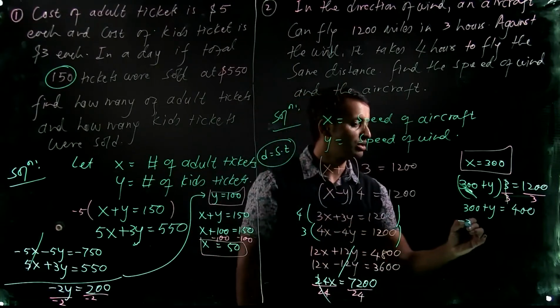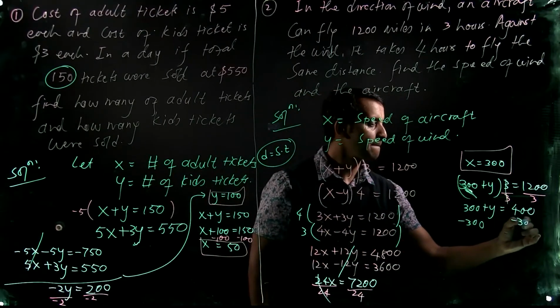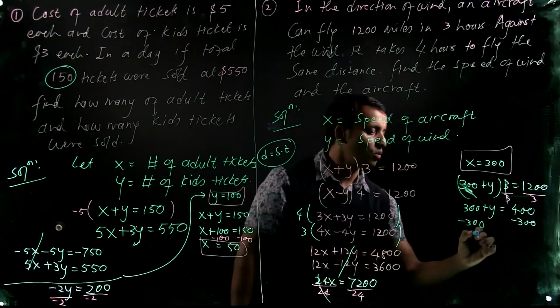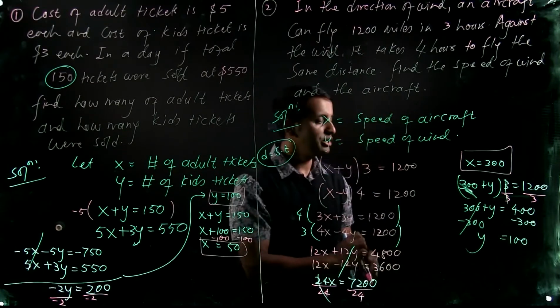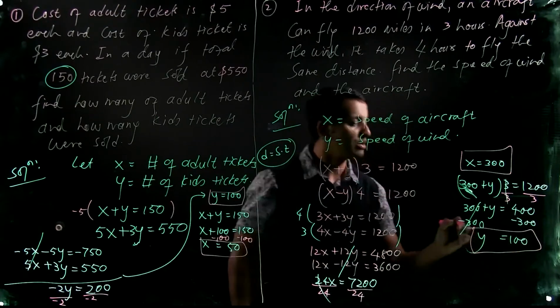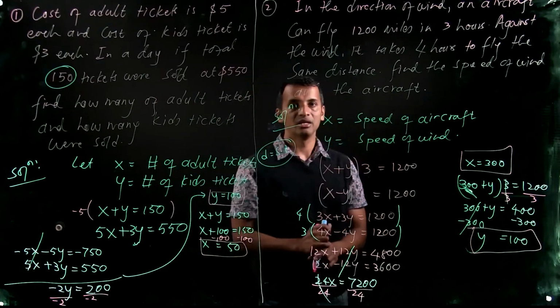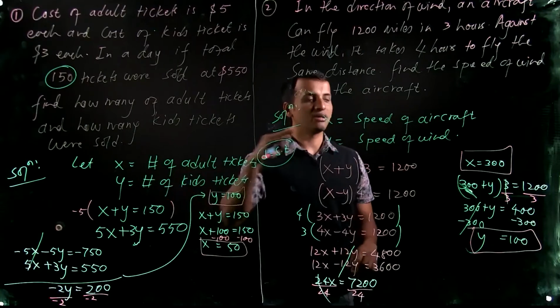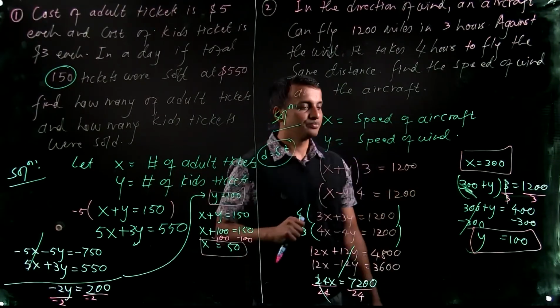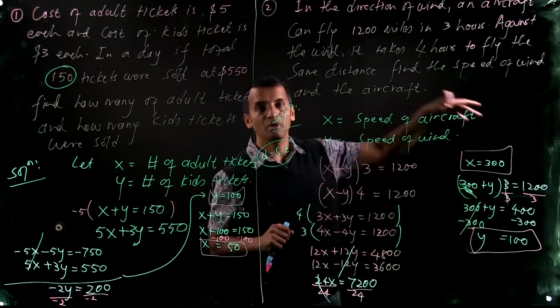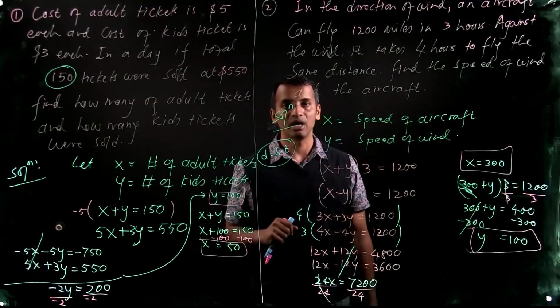Now you subtract 300 on both sides, and you get y equals 100. So you got x equals 300 and y equals 100, meaning that the airplane is flying at a speed of 300 miles per hour, and the wind is flowing at a speed of 100 miles per hour.